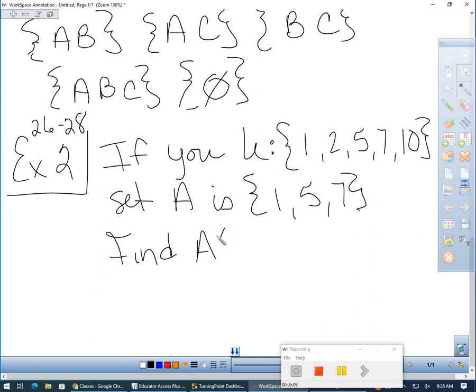So again, that prime means the complement. Anytime you see this little prime, we want all the ones that aren't included. So since 1, 5, and 7 are A, and those are right here, what are the numbers that aren't included? 2 and 10. And that's literally all you have to do.